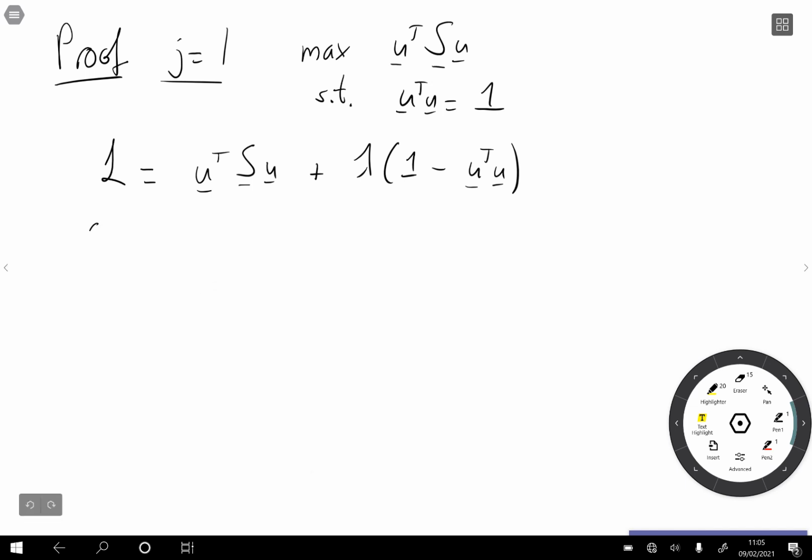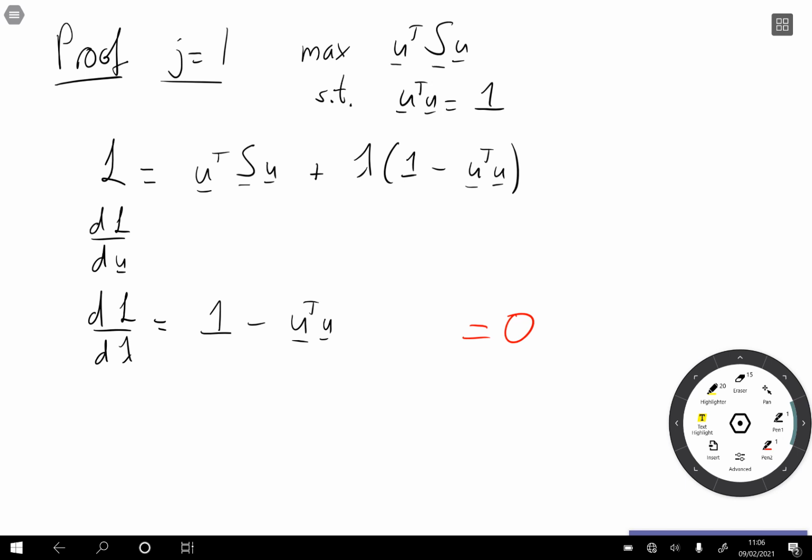So we want to differentiate this with respect to u and with respect to lambda. So if we differentiate with respect to lambda, first of all, we get our constraint back, 1 minus u transpose u. Okay, and we're going to set these derivatives equal to 0 in order to solve the optimization problem. Okay, so let's differentiate with respect to u. Well, here we're going to get 2 S u minus 2 lambda u.